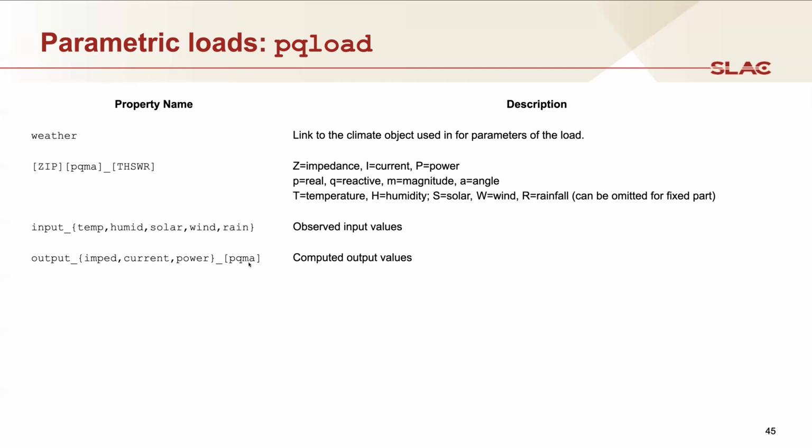And so those are the PQ load. This gives you the ability essentially to construct loads with any kind of arbitrary response structure, without knowing exactly what's happening behind the scenes in the physics. So you can construct your own real and reactive power models based on temperature and basically based on all of the weather.